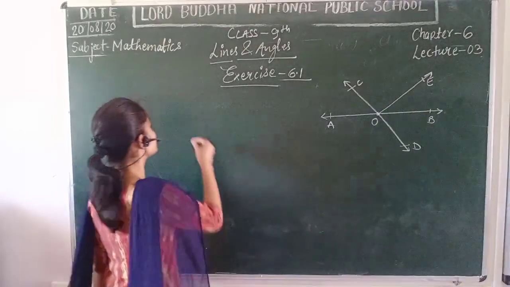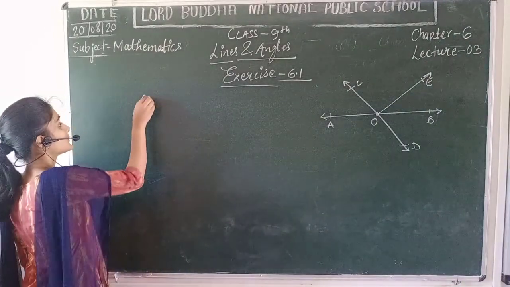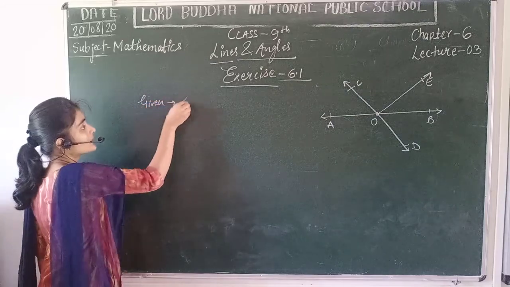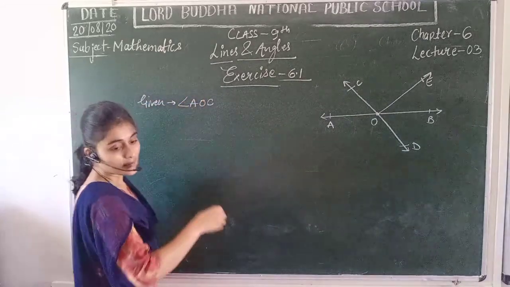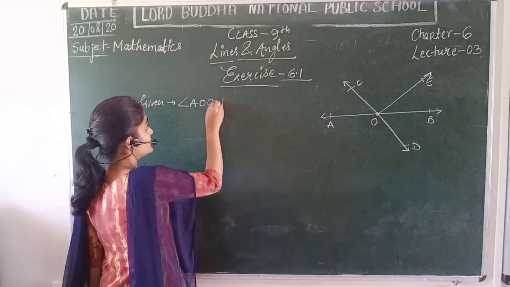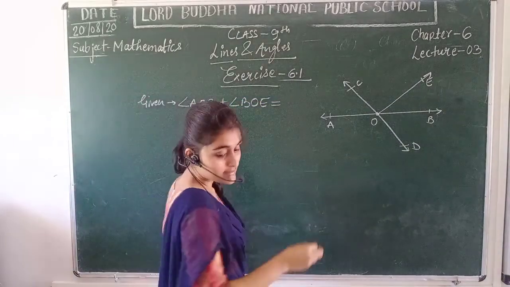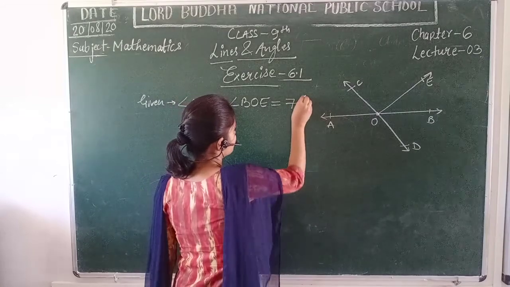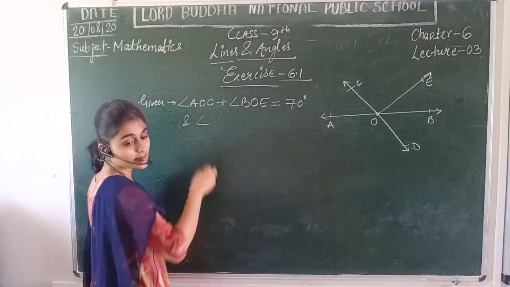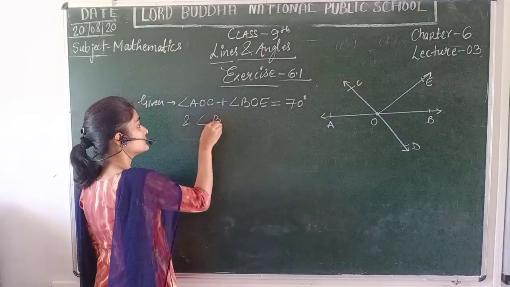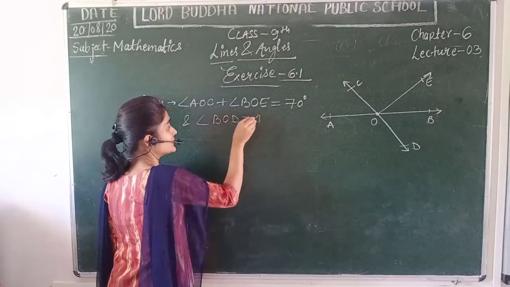If angle, there is something given. Given is angle AOC plus angle BOE sums up to 70 degrees, and also angle BOD equals 40 degrees.